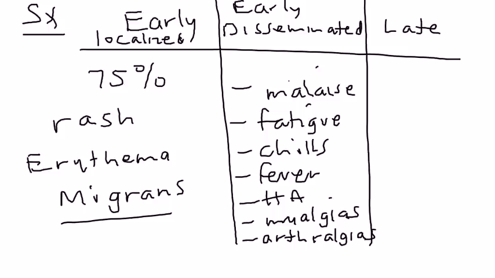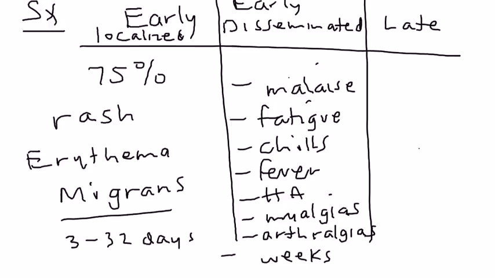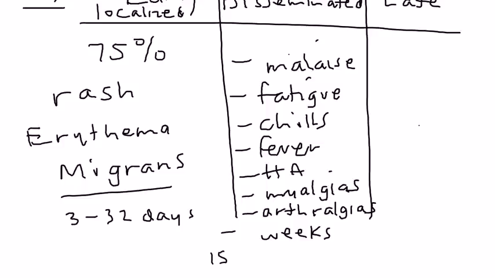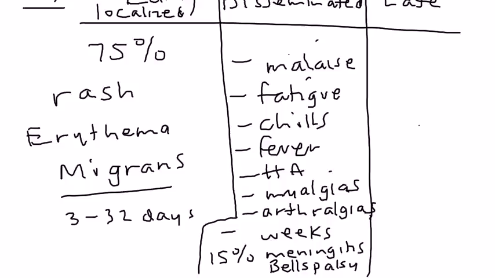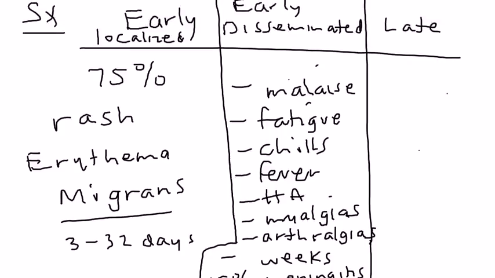This will occur about 3 to 32 days after the tick bite, a few weeks after the bite. And in about 15% of patients in the early disseminated phase, you can also get neurologic symptoms like meningitis and Bell's palsy, facial palsy. That's important to remember.